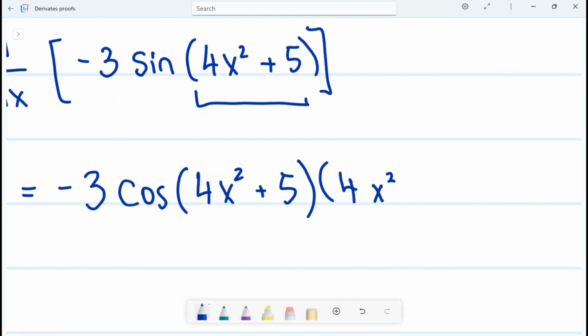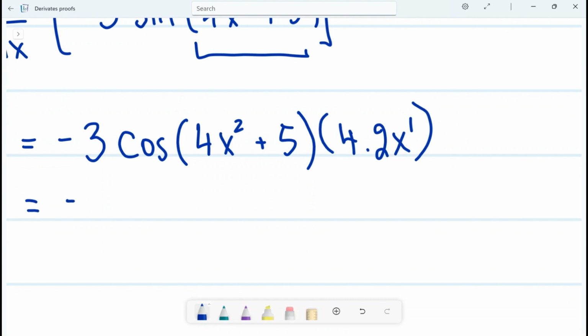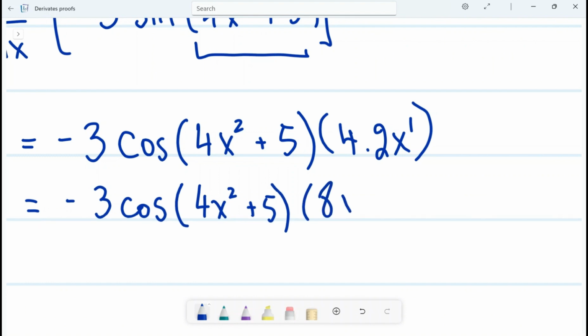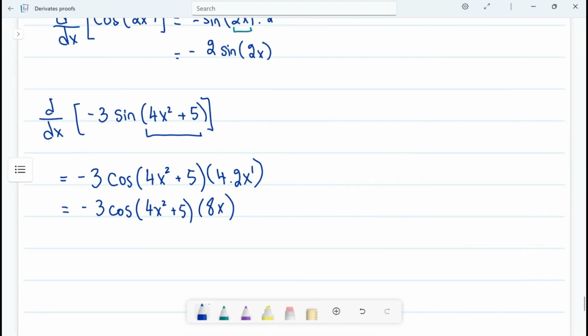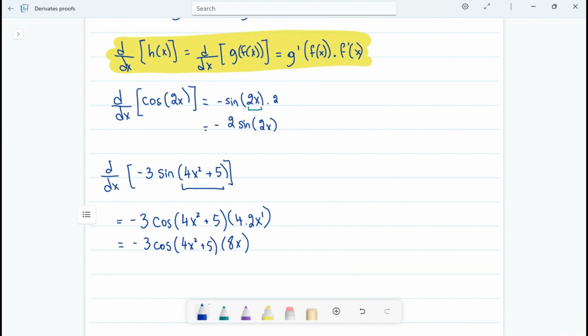Derivative of x squared, you drop the power, and x becomes x to the power of 2 minus 1. So x to the power of 1. And the derivative of a constant, derivative of 5 is 0. Let's simplify this. 4 times 2 is 8x. So this is another example about that.